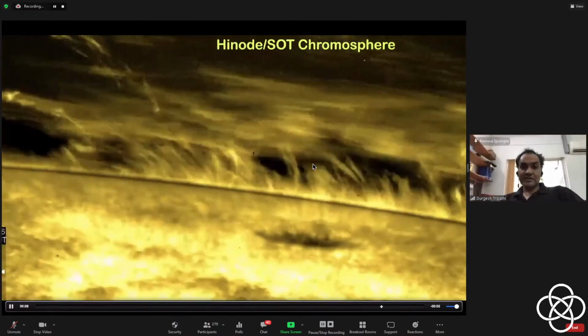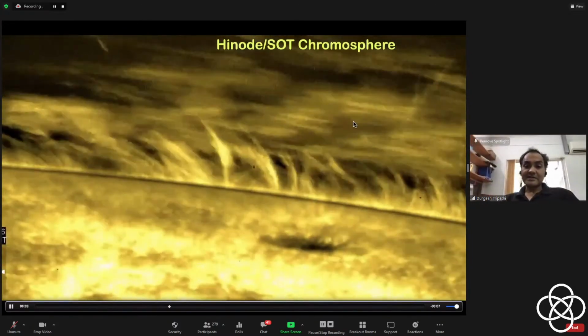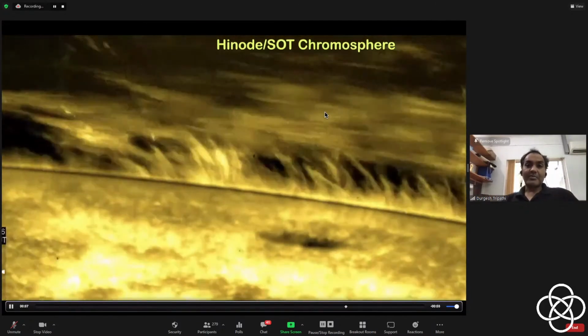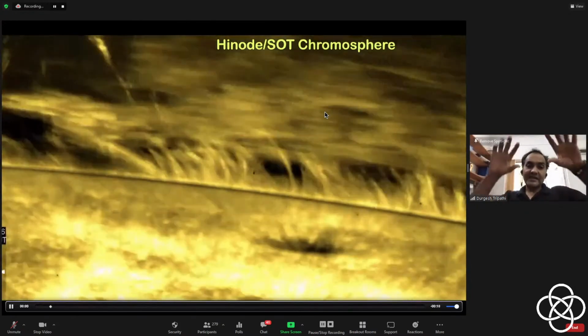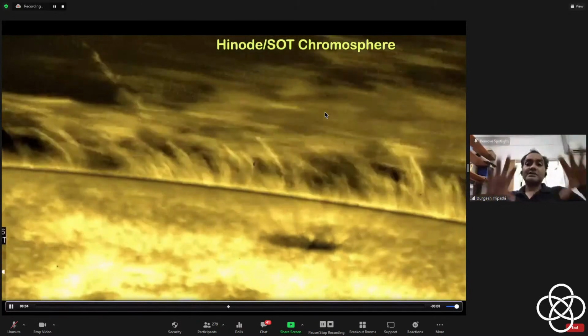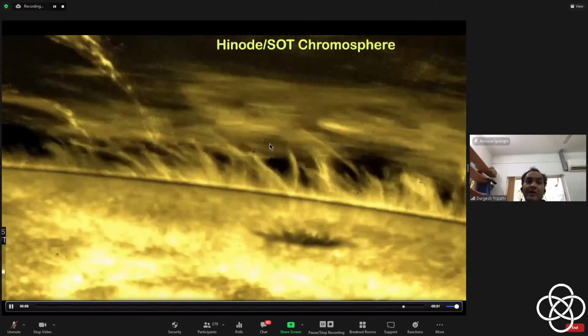The other thing you see here is this particular structure, a slab of plasma which is just hanging in the atmosphere and is supported against gravity, because gravity should just pull this plasma down to the surface.